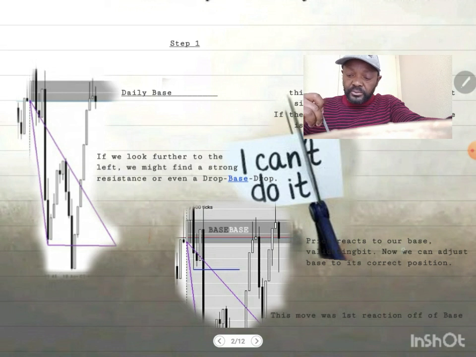So the price action reacts to the base. Like you see here, in the first hour of the morning, we had a level down, and then we came back to base. Now the base shifted a bit up because this candle confirms that the actual base is this base. So we shift from this base to this base, and then the whole day this is the base that will be respected.